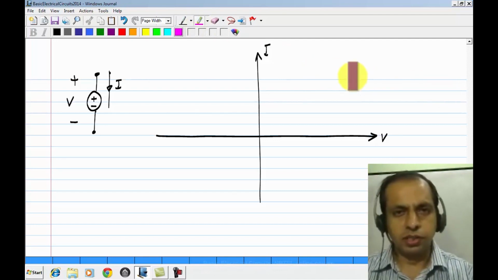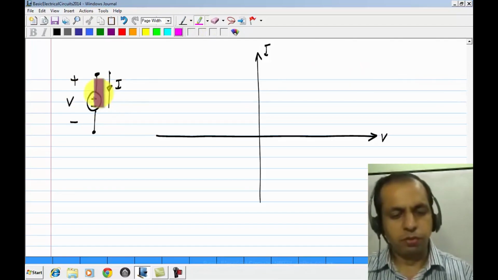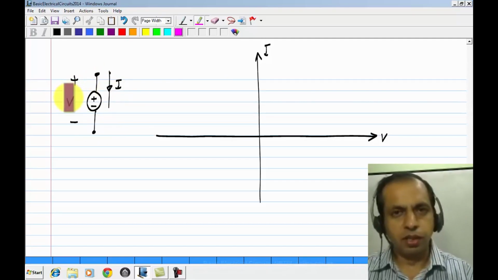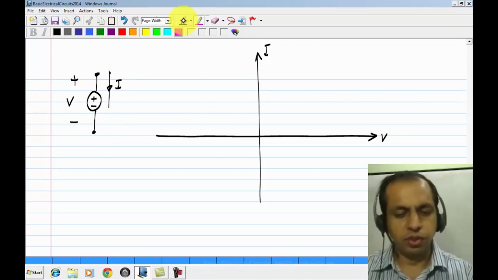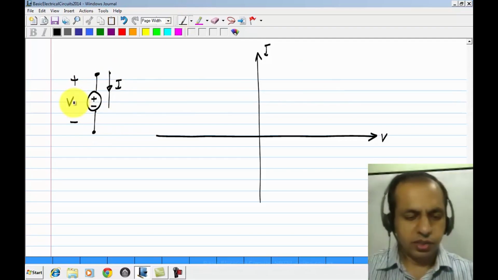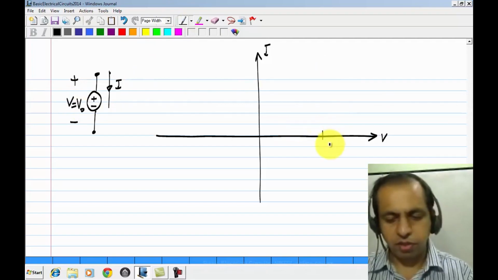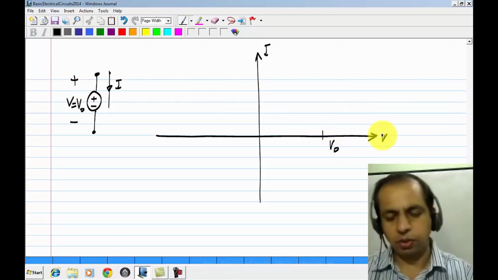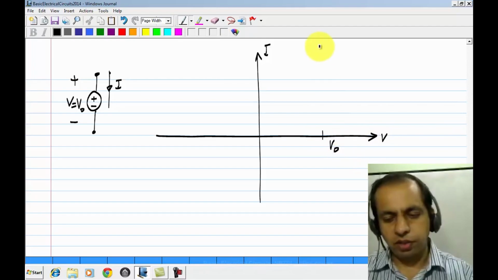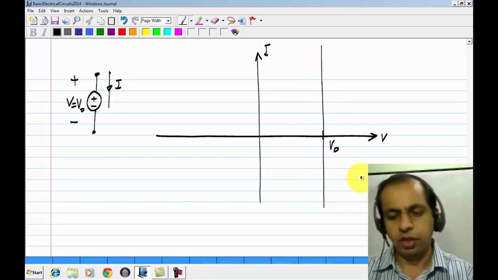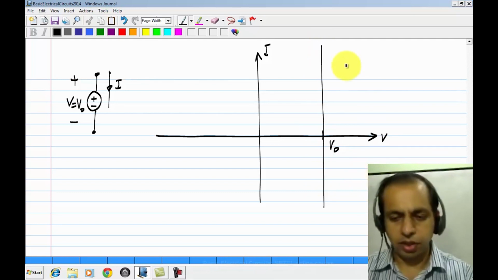Now, as I just said, the property of a voltage source V is that it maintains a constant voltage between these terminals. This V will be a constant regardless of the current flowing through it. So let's say this V is given to be some V naught, and if V naught happens to be positive, the characteristic will look like this. What does it say? V is always equal to V naught, so that means that the characteristic is a vertical line like this.